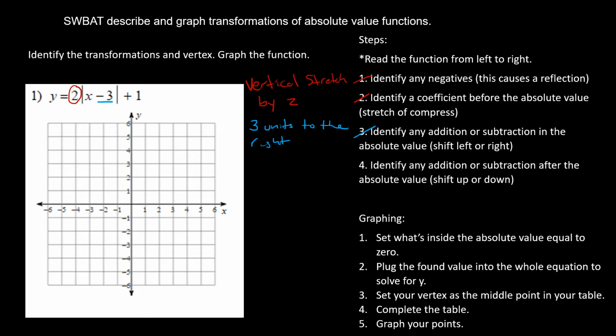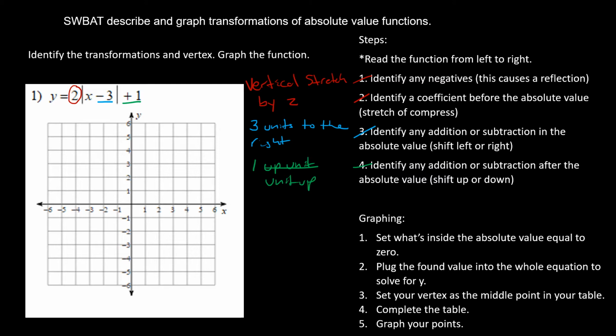And the last one says identify any addition or subtraction after the absolute value. Well, I've got this +1. So we're going to go 1 unit up. Sorry, it should be 1 unit up. So we identified the transformations. Now to get the vertex.